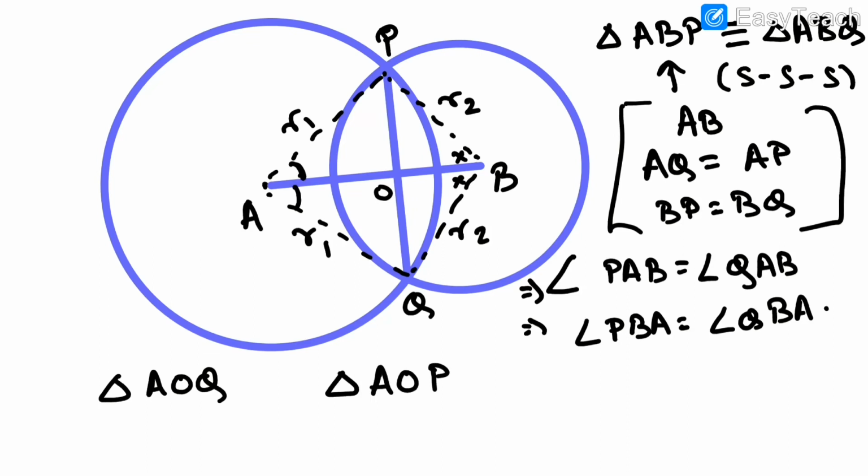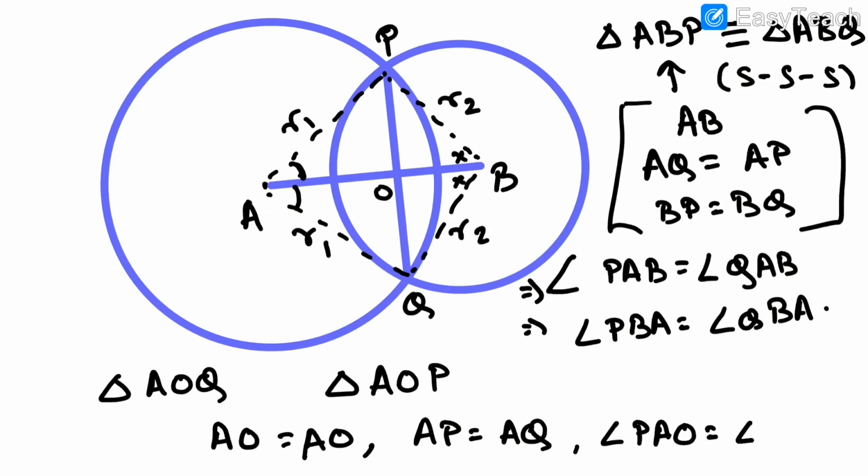We'll try to analyze these triangles. AO is the common side, right? Then AP equals AQ, this is the second side that is equal, and we have also one included angle PAO, which is same as angle QAO as proved from the earlier point.